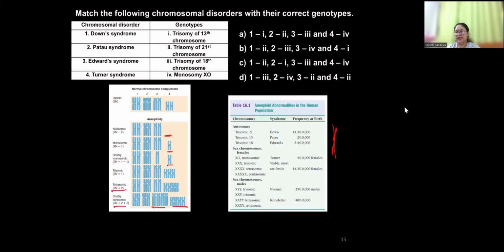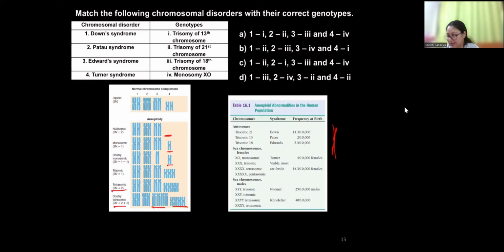And as a result, they directly affect individuals, which leads to Down syndrome, Patau syndrome, Edwards, Turner syndrome, these different kinds of syndromes. If you look into this table, trisomic 21 leads to Down syndrome, meaning you have one extra chromosome.